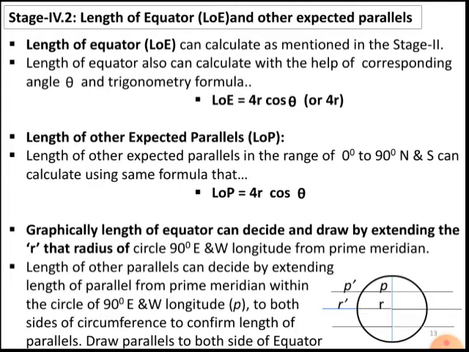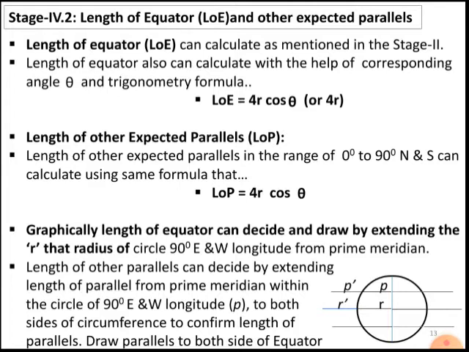Unless you know the entire length of that particular parallel, you will not be able to draw the complete parallels. For example, here we talk about even the equator, though we talked about it in the second stage, but the equator is also one of the parallels.